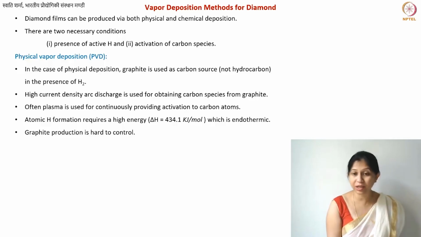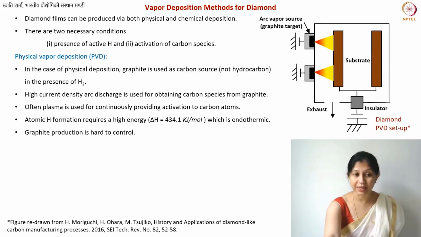Atomic hydrogen is a very highly reactive species and tends to immediately convert into molecular hydrogen, and once it is converted, it is of no use to us, right? So all of these things are indeed hard to control in this process. Okay, so now here I have shown a basic schematic of a PVD setup.